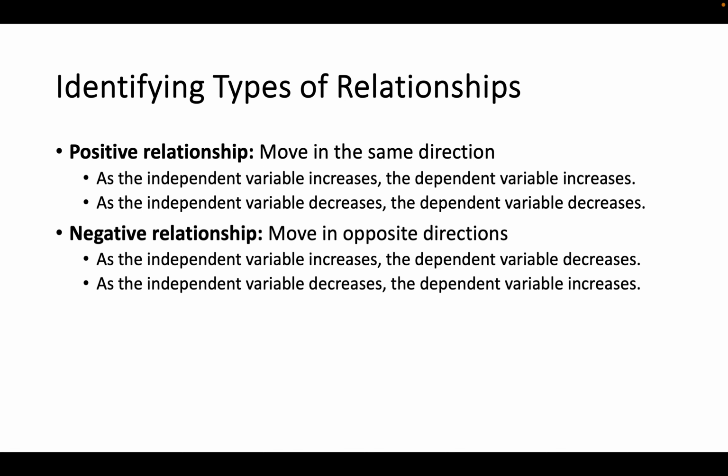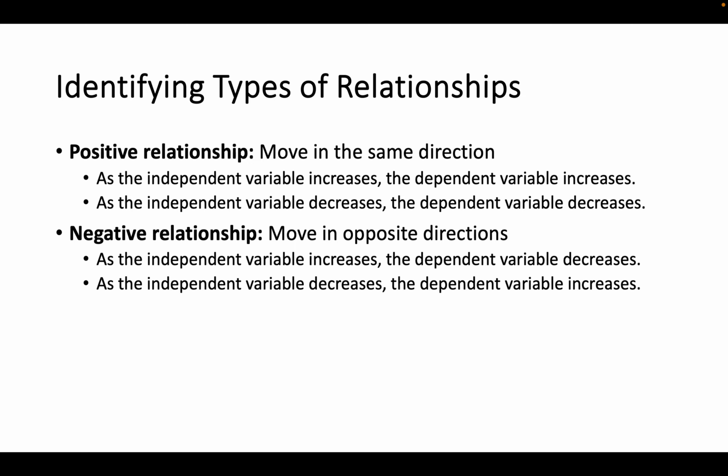We also need to identify types of relationships. There are positive relationships and negative relationships. Positive relationships mean that the independent and dependent variables move in the same direction. As the independent variable increases in value, so does the dependent variable. As the independent variable decreases in value, so does the dependent variable.